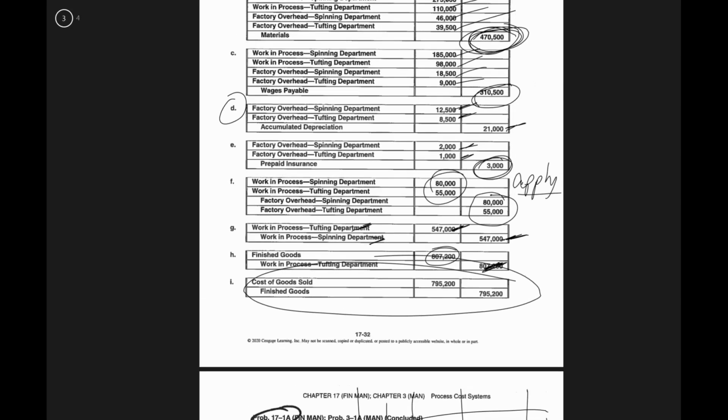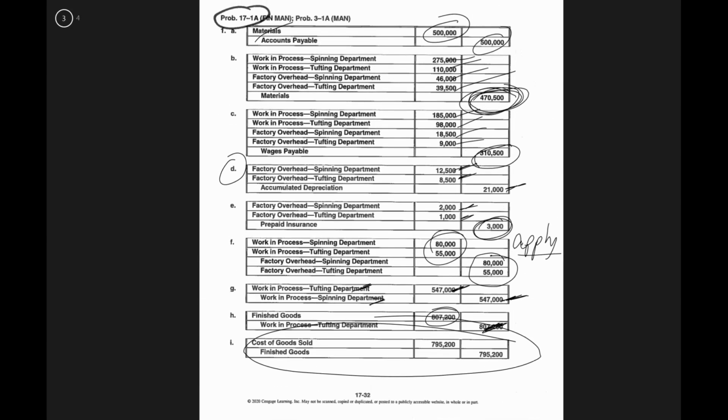Then they ask for number 3, what is the balance in these overhead accounts for spinning and tufting? And they tell us that there were 0 balances at the beginning. It's in the reading, so there was 0 there. So here, the 79,000, what did we add into the factory overhead spinning? It's the 46,000. Here it is, add 46,000.